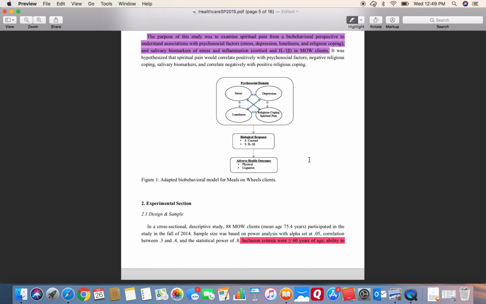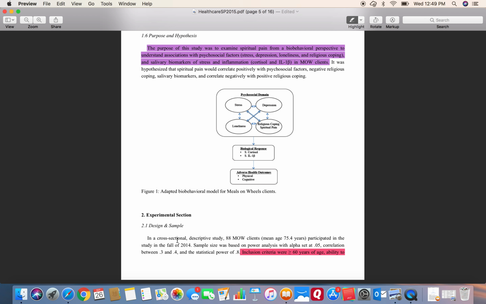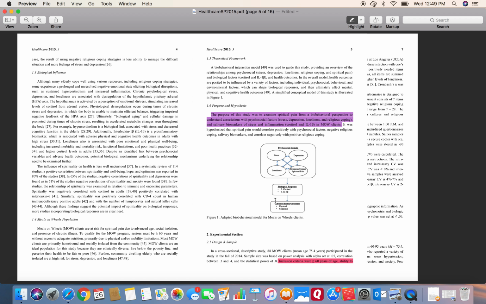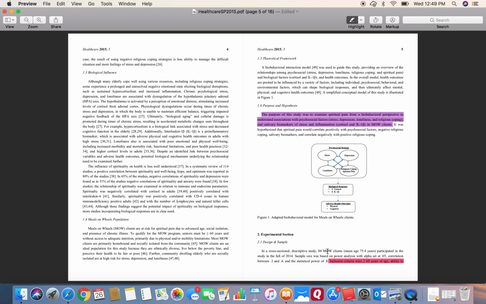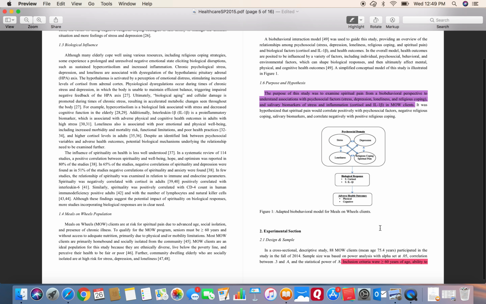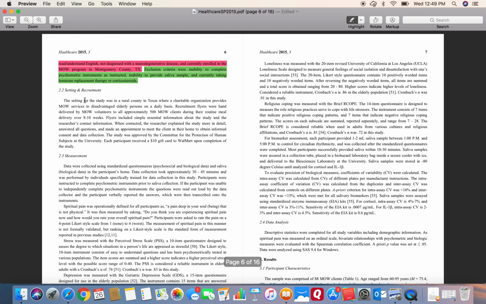So this is going to be written a little differently than the systematic review in terms of the method, but I just want to make a point about the inclusion and exclusion criteria. Inclusion criteria here in pink were greater than 60 years of age. Next page. Ability to read and understand English.